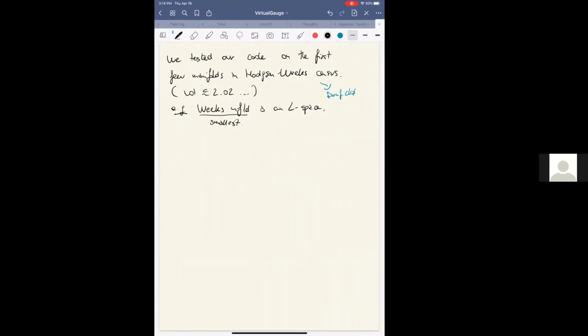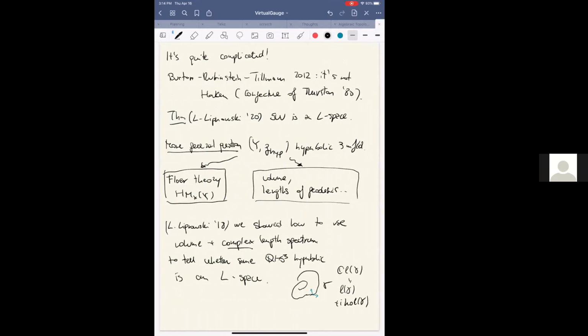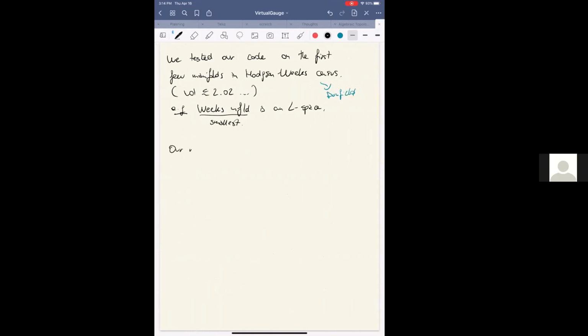But let me just say that our method from the previous work does not apply directly to Seifert-Weber. Well, in principle it applies directly if you have a lot of computational power, but because of computational limitations, let's say.